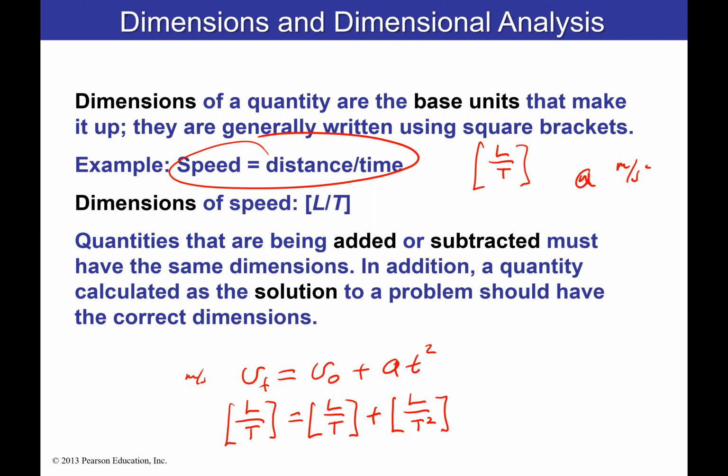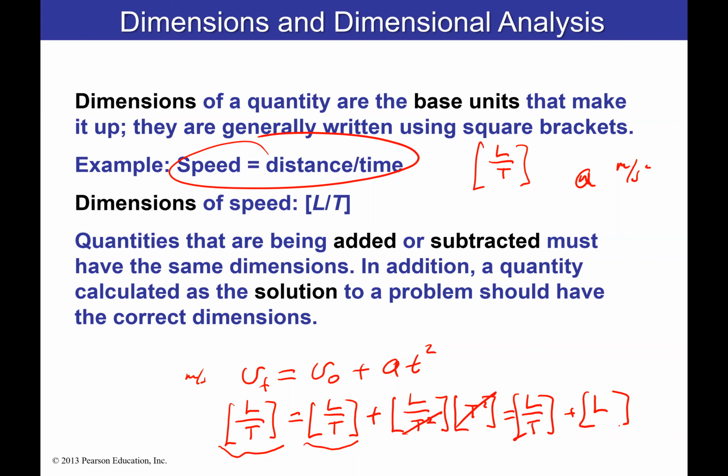Then times time squared. So this is length over time equals length over time plus length over time squared times time squared, and the time squared cancels out. What I end up with on the right side is length over time plus length.